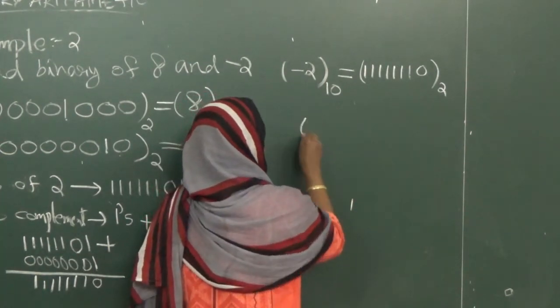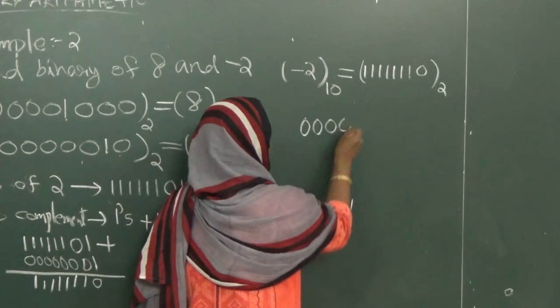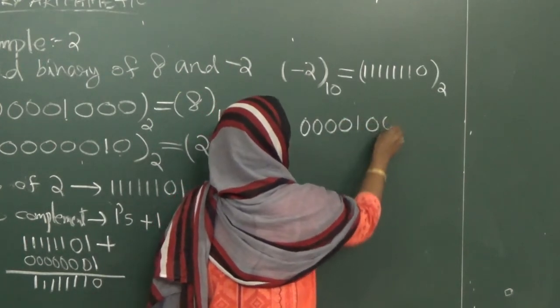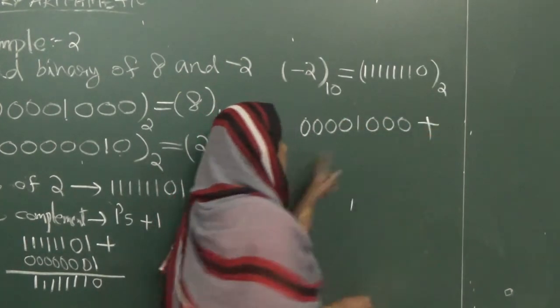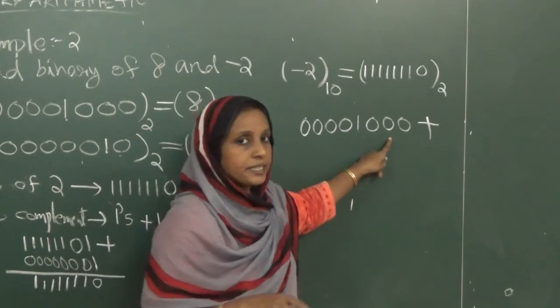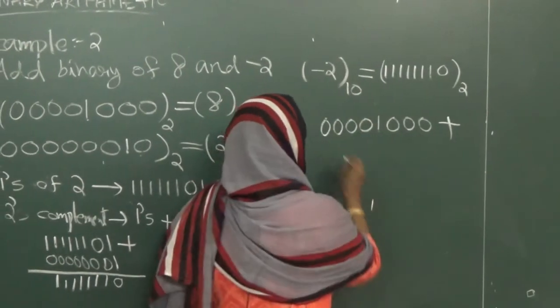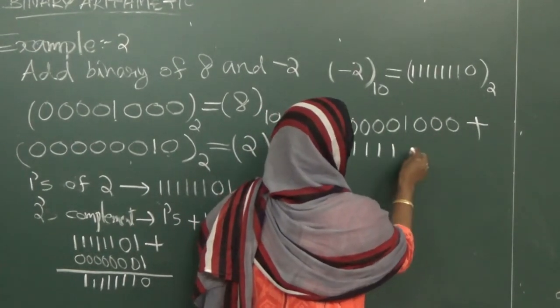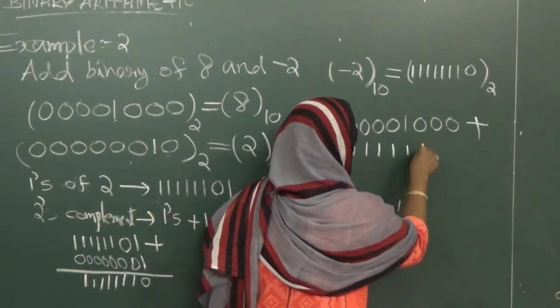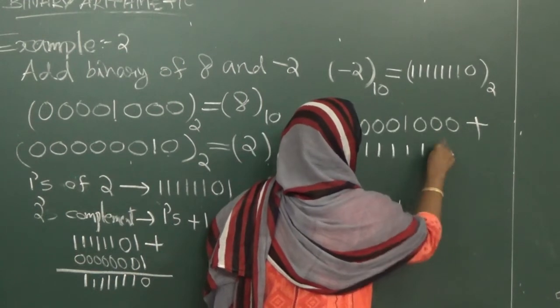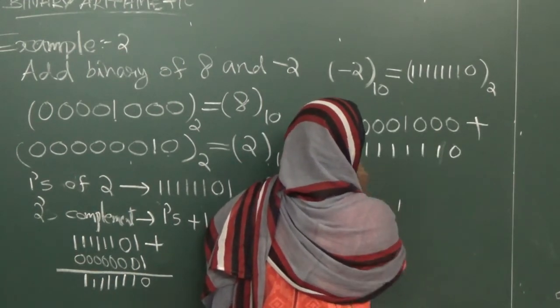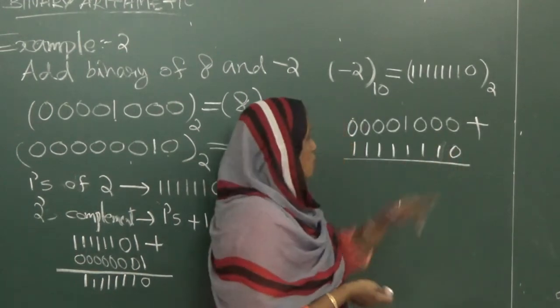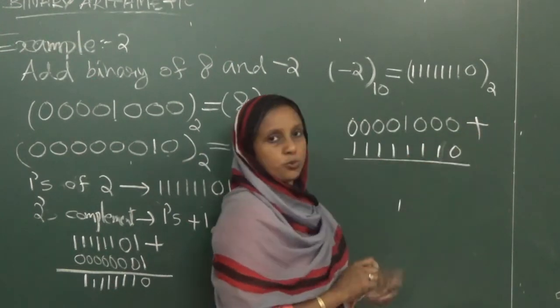So 0, 0, 0, 0, 1, 0, 0, 0 plus. What is this? This is 8. Okay. Then minus 2. 1, 1, 1, 1, 1, 1, 1, 0. Okay. So 8 plus minus 2.